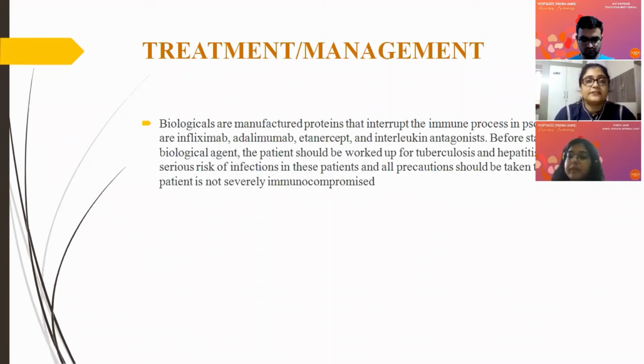Those are infliximab, adalimumab, etanercept, interleukin antagonists. Before starting any biological agent, the patient should be worked up for tuberculosis and hepatitis because there can be flare of these infections. There are high chances of infections as these are immunomodulators.